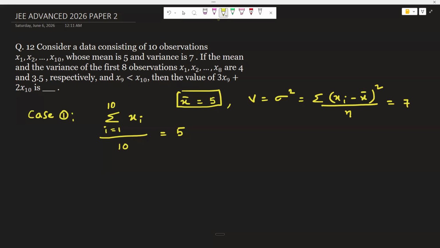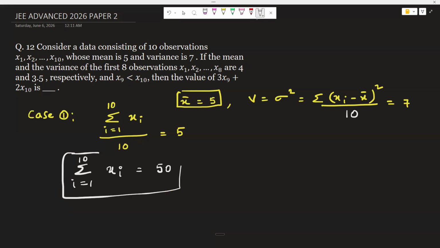Here n value is 10 for this case. So from this calculation it is clear that sigma i equal to 1 to 10 xi is equal to 10 fives, which are 50.